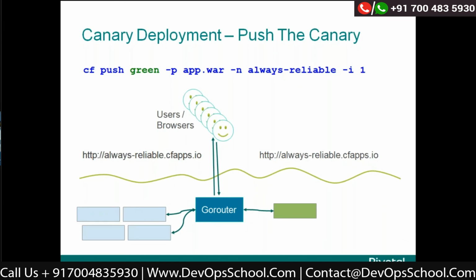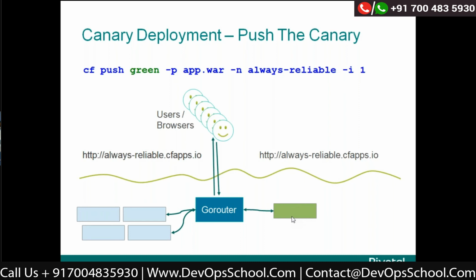So let's say already 4 instances of blue are there. Now what we do is we push a green instance with the same host, but only one instance. This first instance is for testing.